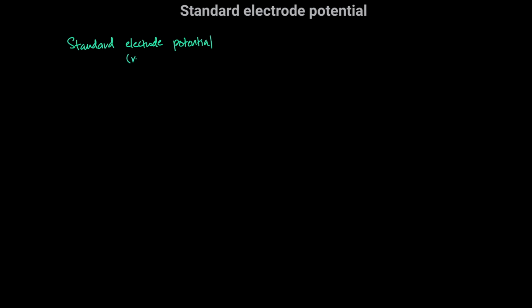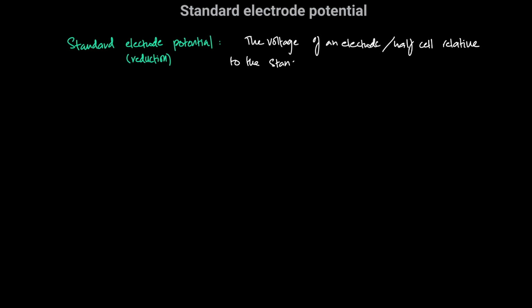It is defined as the voltage of a half cell, or electrode, relative to the standard hydrogen electrode.